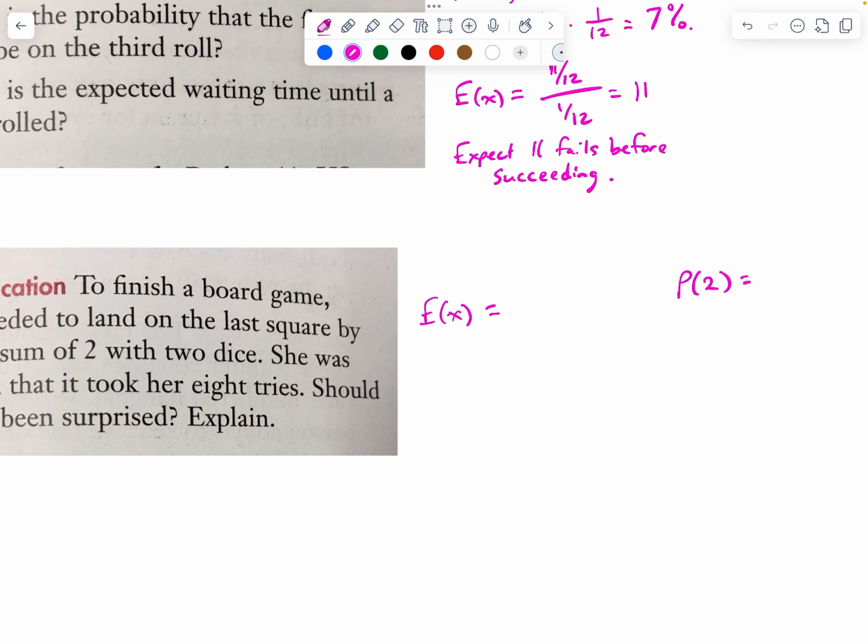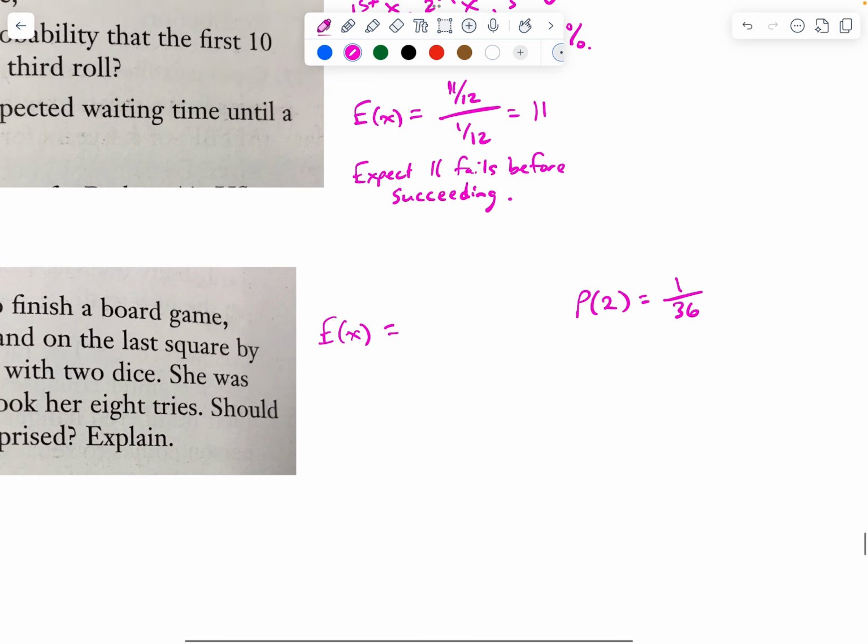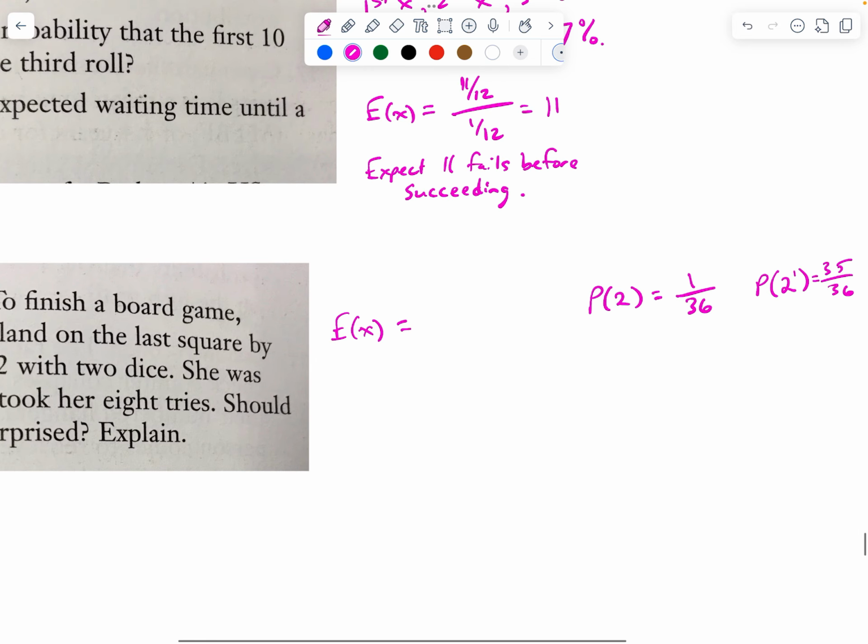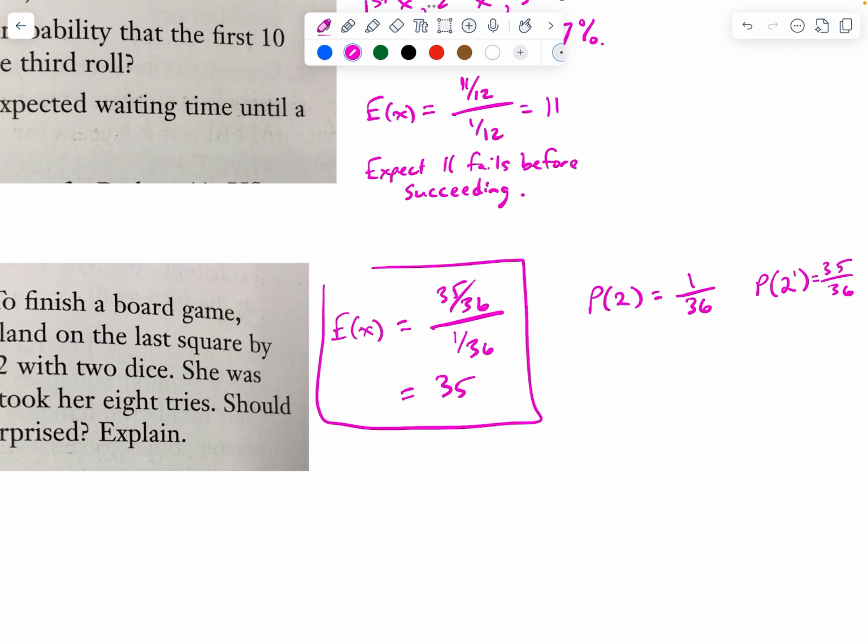There's only one way to get it, and that's getting a 1 and a 1. So there's a 1 in 36 chance of getting it. The probability of not getting a 2 would be 35 over 36. So expected would be 35 divided by 36, divided by 1 over 36. And if you divide those two, you get 35.